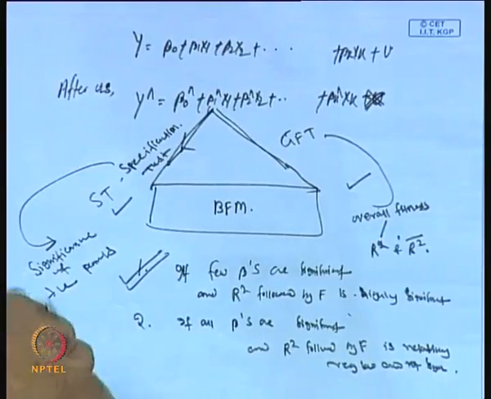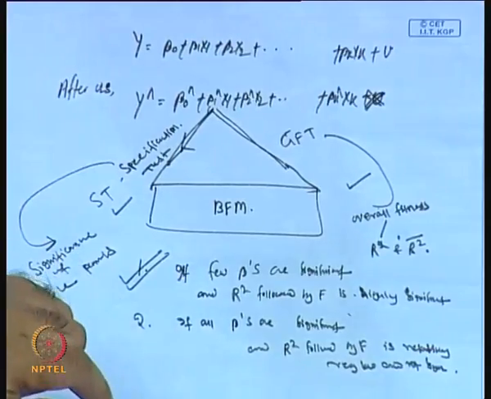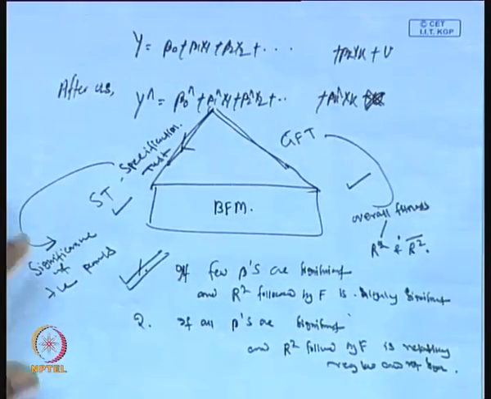But in the second case, if all betas are significant and R square and F statistic are very low, then it is a very rare situation, very occasional and totally exceptional.